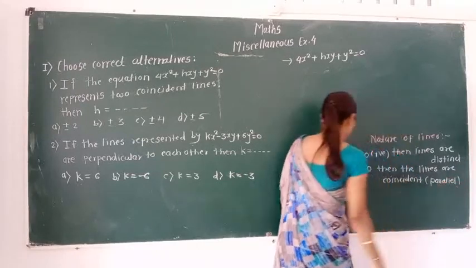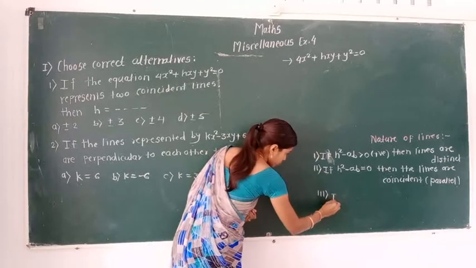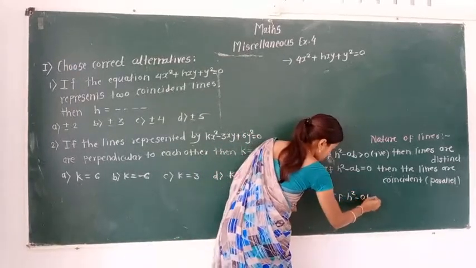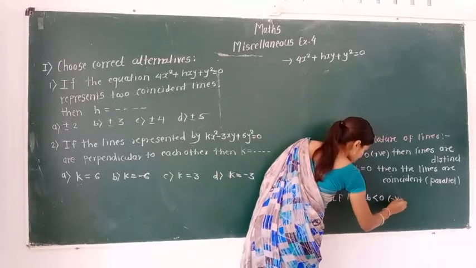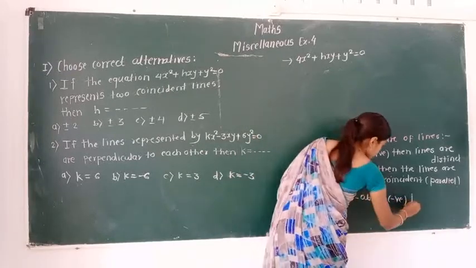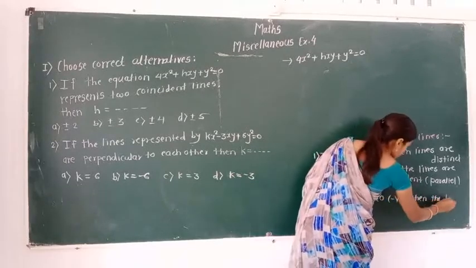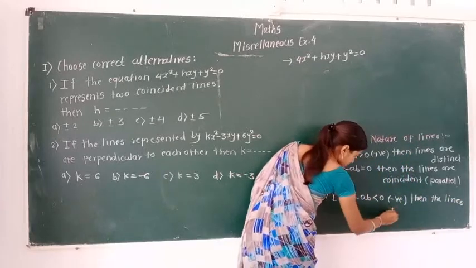Now see, the last condition is, if h square minus ab is strictly less than 0, that means negative, then the lines do not exist.